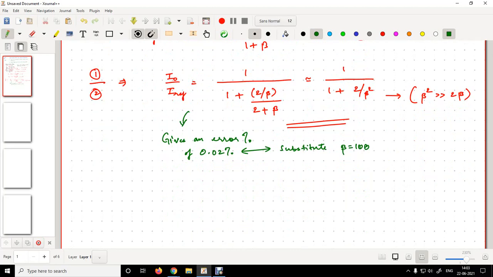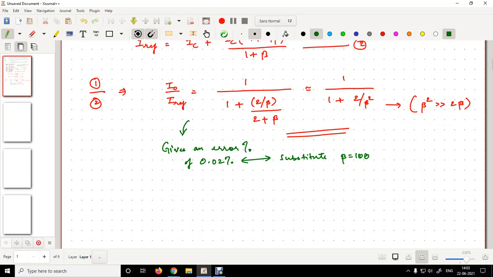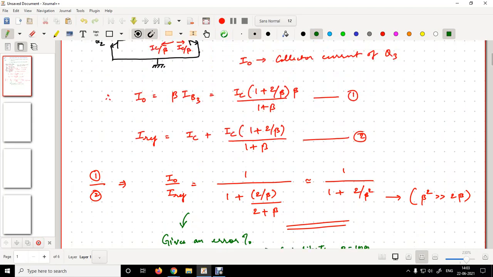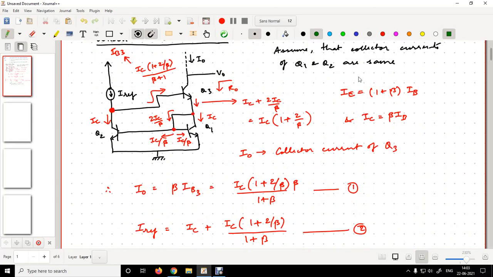Now what we'll look at is how to calculate the output resistance. If you look at this diagram, how to find this R naught. Always remember, whenever you are calculating R naught for any circuit, all of its sources should be 0.